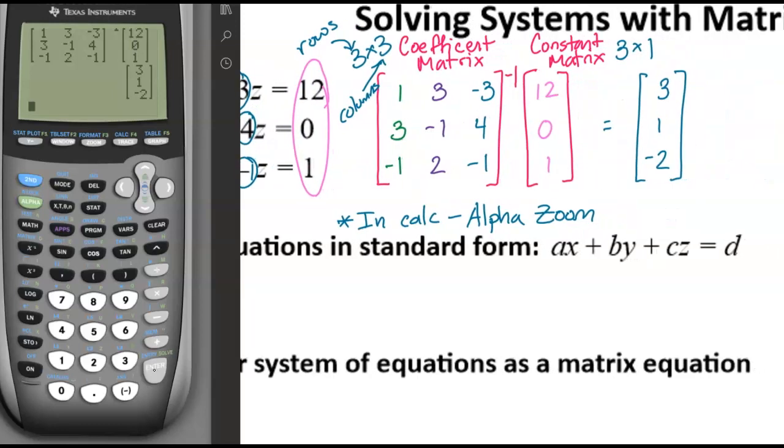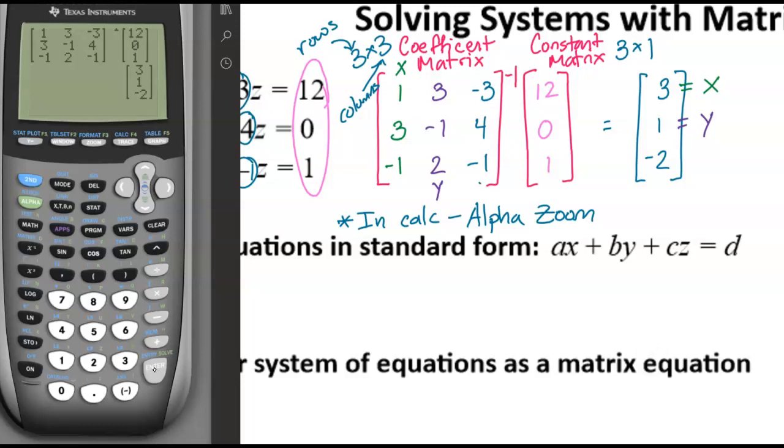Now, can anyone take a stab at what these values mean? Because the very first column was our x values, that means that the very first number is what x is equal to. Because our second column was our y's, the second number is what y is equal to.